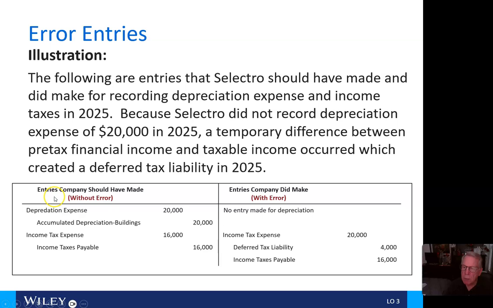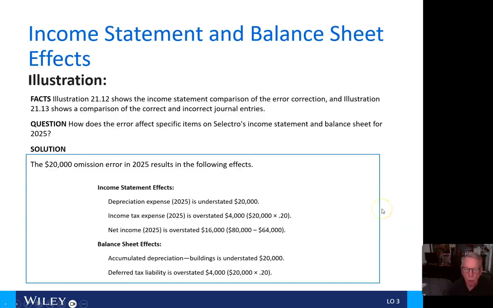So the entries the company should have made without the error would have included the $20,000 depreciation expense and, of course, the accumulated depreciation on the buildings. And there are the income tax expense of $16,000 with income taxes payable, a credit of $16,000. But what the company did make with the error, they made no entry for depreciation. They recorded the $20,000 of income tax expense, and $16,000 of it was income taxes payable with deferred tax liability of $4,000.